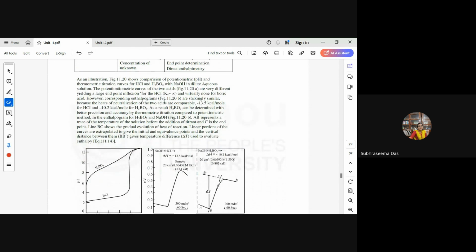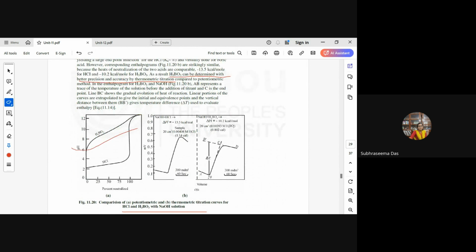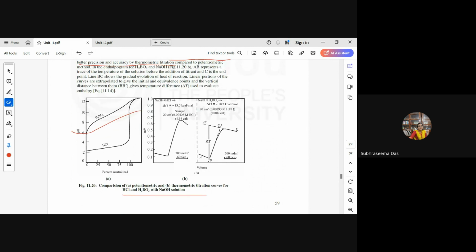As a result, H3BO3 can be determined with better precision and accuracy by thermometric titration in comparison to figure 11.20a, that is, by potentiometric titration. This is how potentiometric titration is disadvantaged for the measurement of HCl and H3BO3 in NaOH solution.